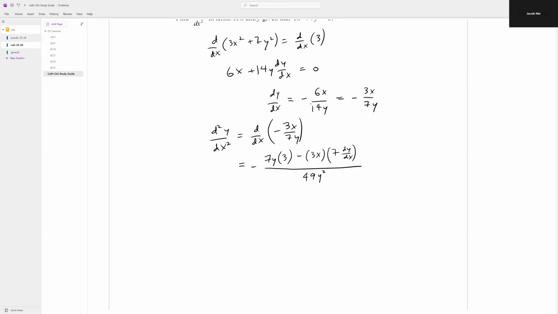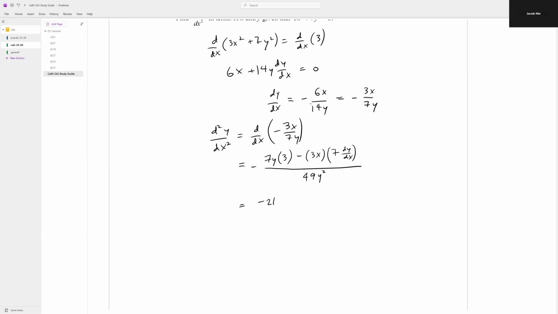Now I'm going to simplify the top, and I'm also going to plug in the dy/dx that I found earlier into this dy/dx here. I'm going to distribute the minus sign because that's outside the fraction right now. I'm going to distribute that to both terms in the numerator.